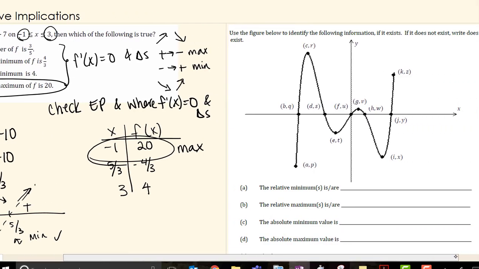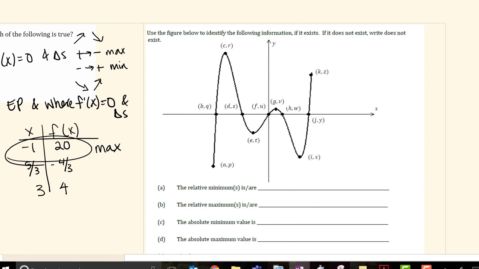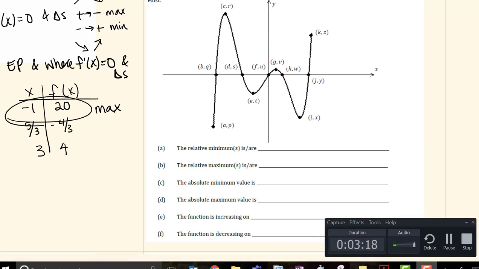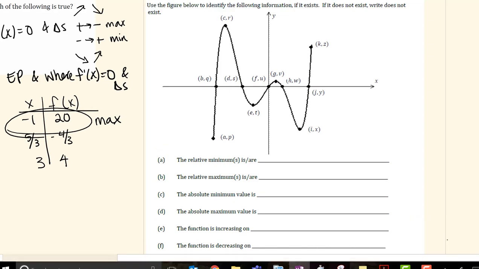Next one right here, we are just looking at key features, like identifying the difference between those mins and maxes in this scenario. Relative minimums: this does not give me any information about this being a derivative, so we're just going to assume that this is the original function. Relative minimums would just be where that function dips.